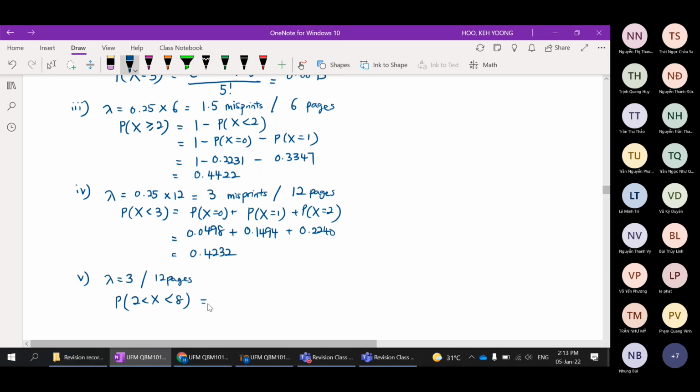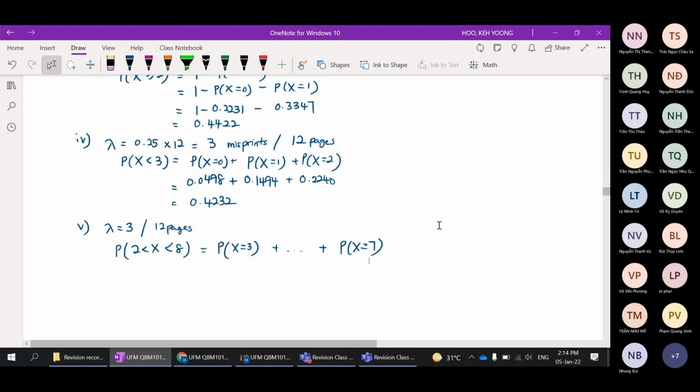So you add up the numbers between 2 and 8: 3, 4, 5, 6, and 7. That's a total of 5 probabilities. Again, you refer to the statistical table and look at x equals 3 to 7.